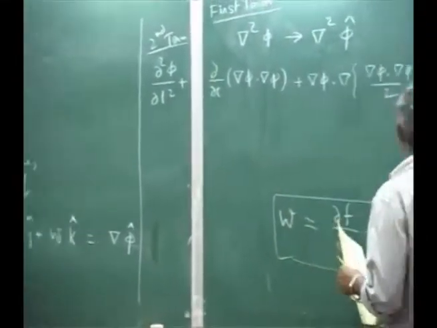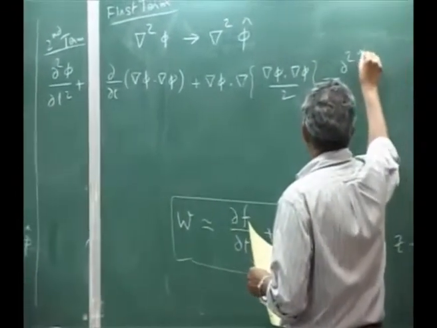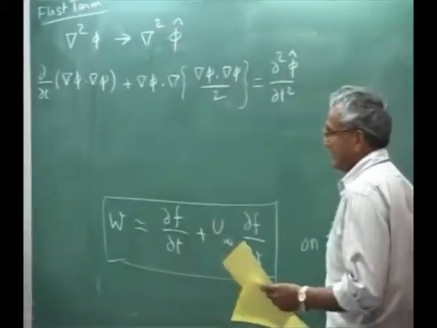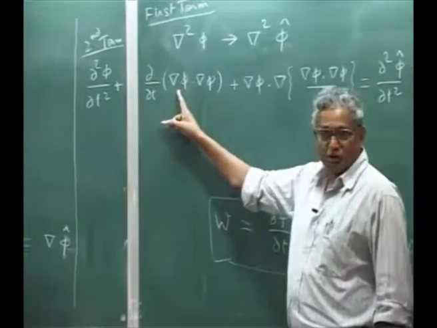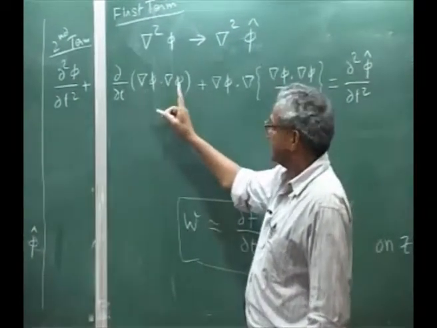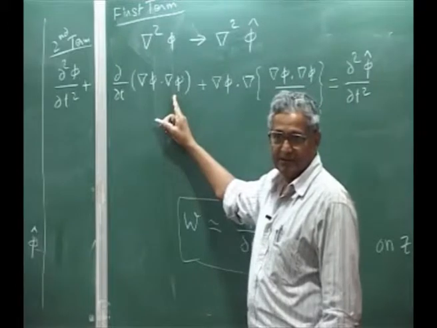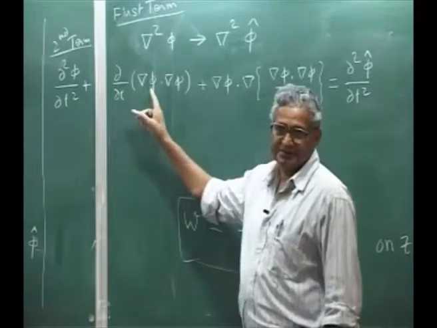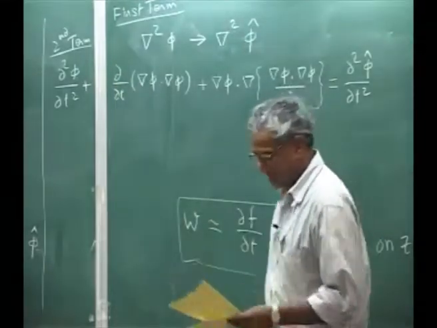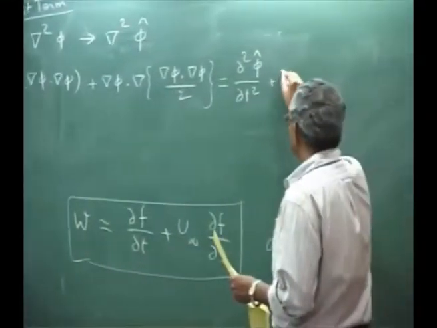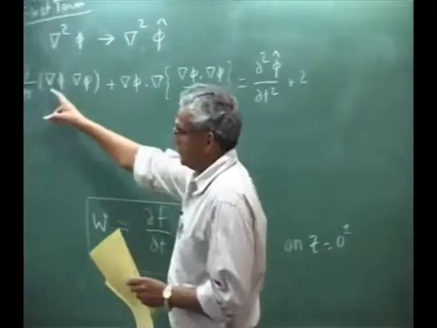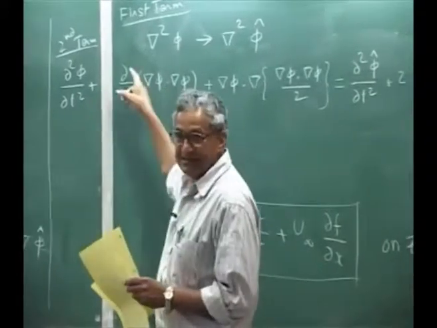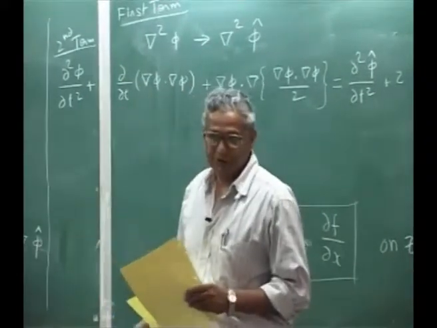So this will become del square phi hat over delta t square. This is nothing but q dot q. So q dot q is q square, so when you differentiate, that will be 2q. So you can write it as plus 2q dot delta by delta t of q.